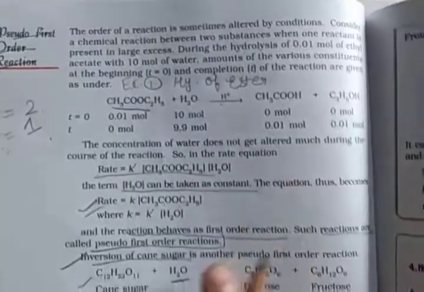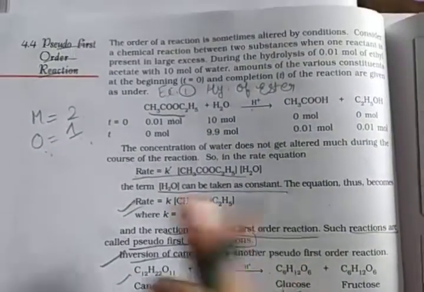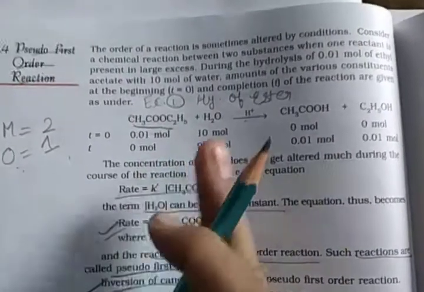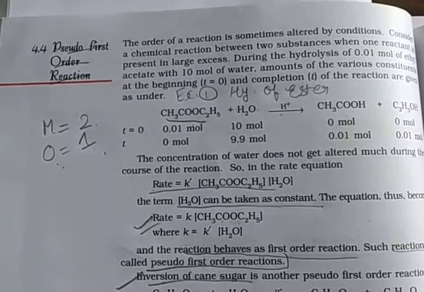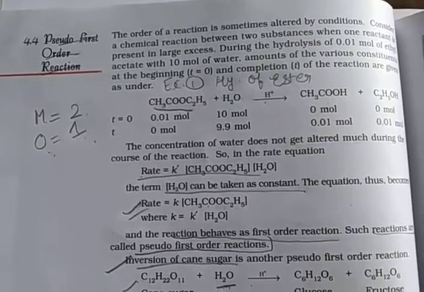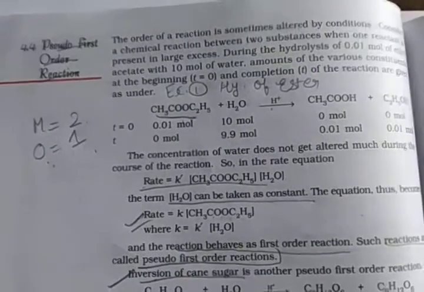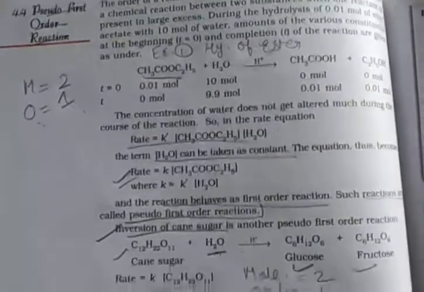Second example is inversion of the cane sugar. Those reactions in which molecularity is 2 but order is only 1 mean the rate of reaction depends on only one concentration. There are two reactants, in which one reactant is water, and water concentration is always negligible.